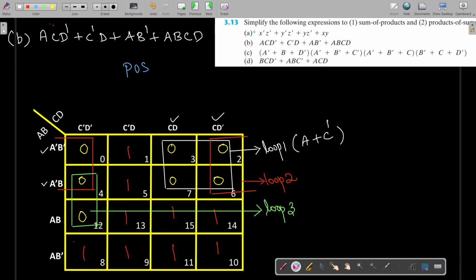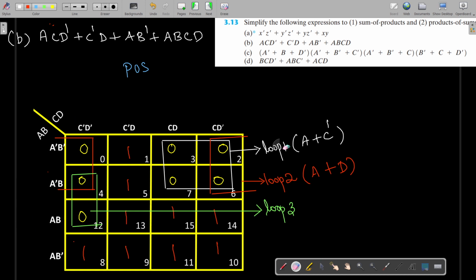Then we go for the second loop. So second loop is this red color, right? For that it covers these 2 and these 2 column wise. So row wise you get it as A dash, so that should be written as A, plus here C dash, C cancel, D dash is available, that should be written as D. Then we go for loop 3.